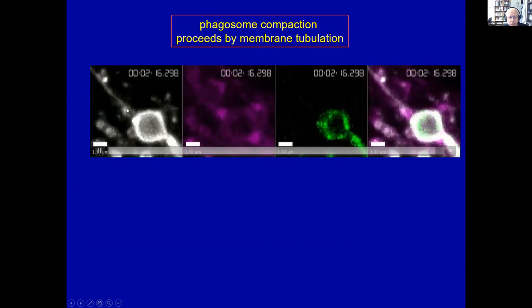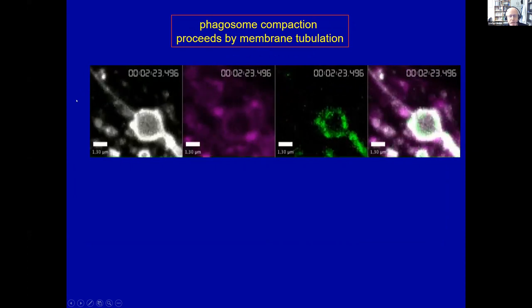And this is what we think happens when the Borrelia phagosome is being compacted. You must imagine that there's a large surface of this initially elongated phagosome. And if you get membrane tubules extruded from this surface, you shrink the surface, and thereby you also shrink the phagosome, where it becomes more and more compacted, until basically you have a perfect sphere.